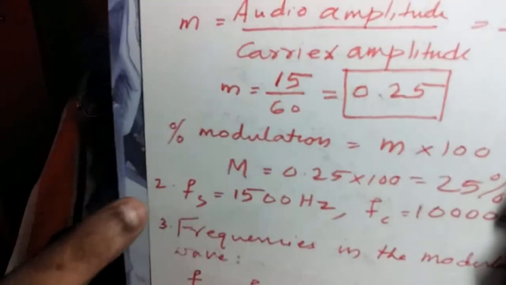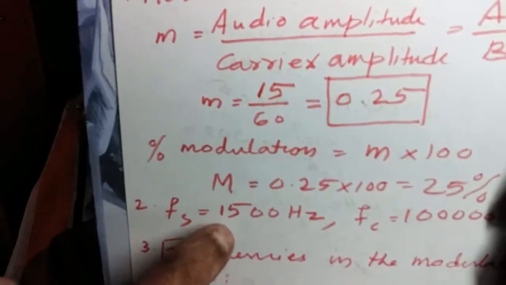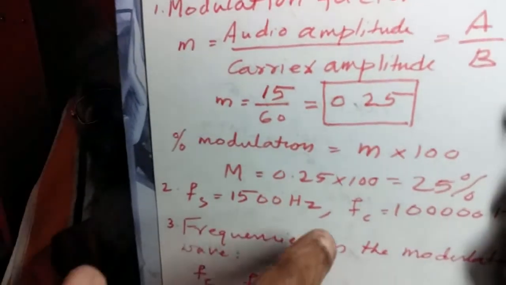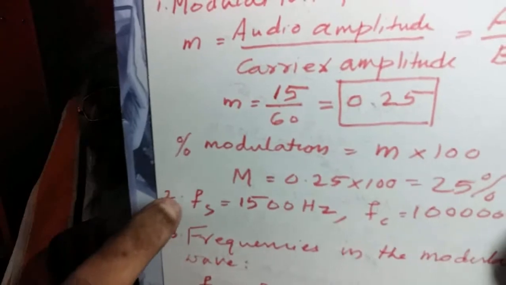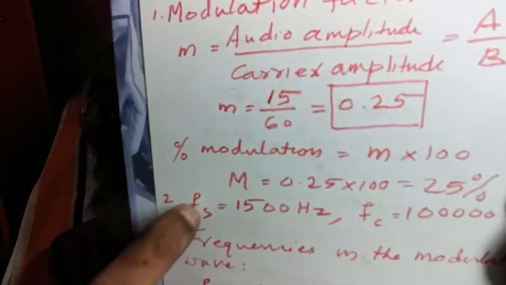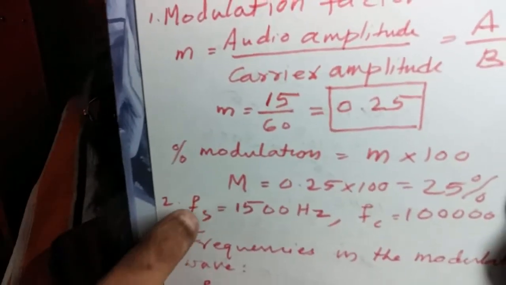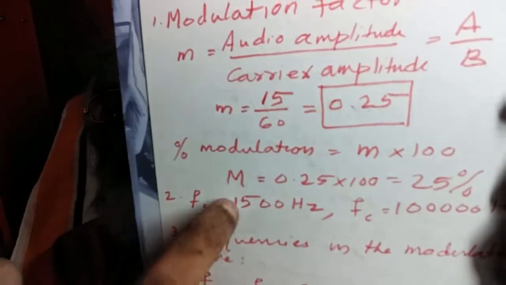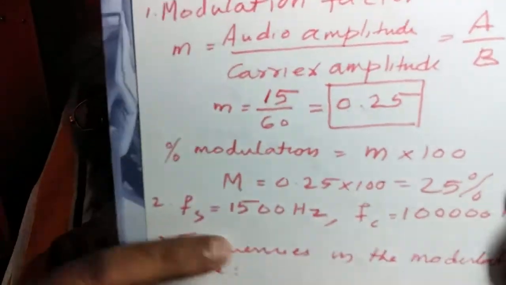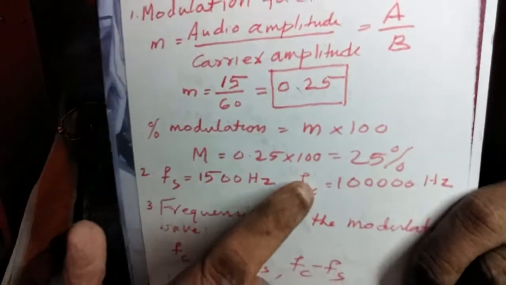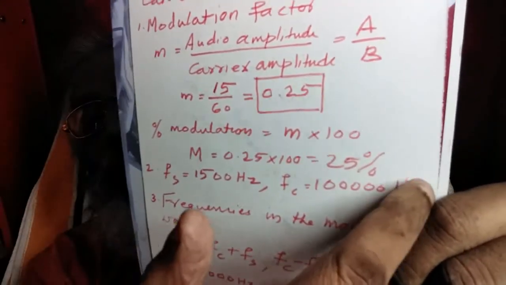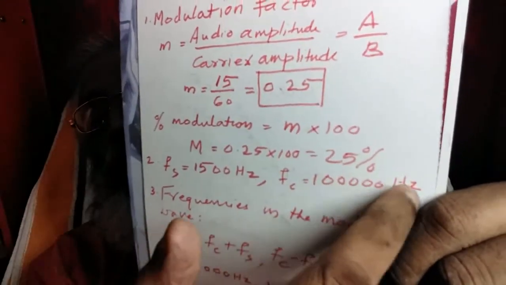Frequency of the modulating signal or audio signal, fs, equals 1500 Hertz. Frequency of the carrier is 1 lakh Hertz or 10 raised to 5 Hertz.